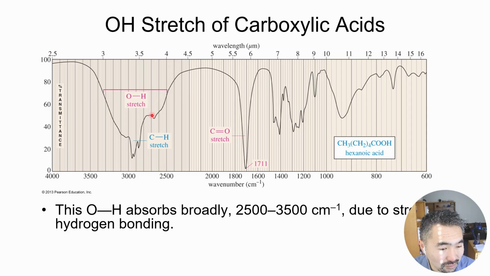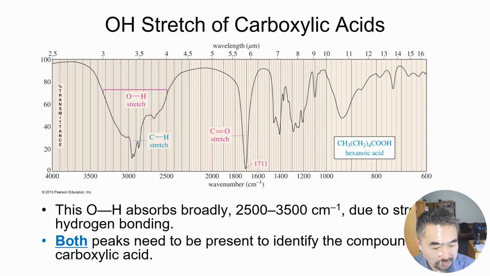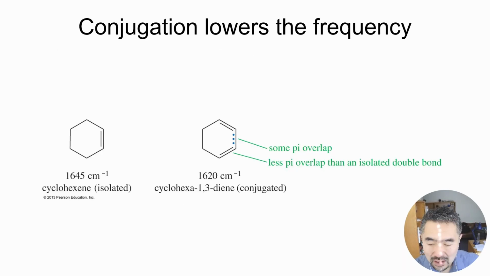And it tends to overlap with all these peaks, which is kind of inconvenient, and then you still see the carbonyl peak here. Because both of these are present at the same time, you could diagnose it as a carboxylic acid.